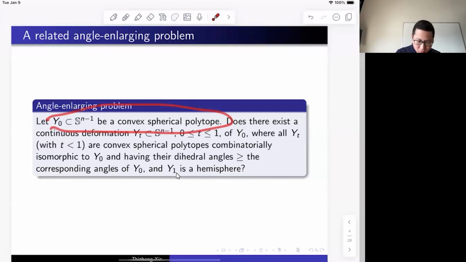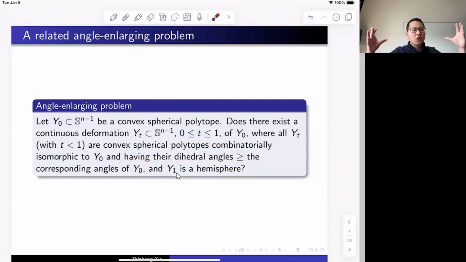Start with the same convex spherical polytope. Now, the question is, can you continuously deform Y0 through a family of YT, all of them again having the same combinatorics of the original Y0? The key property here is you want to keep the dihedral angles always greater than or equal to the corresponding dihedral angles of the original Y0.